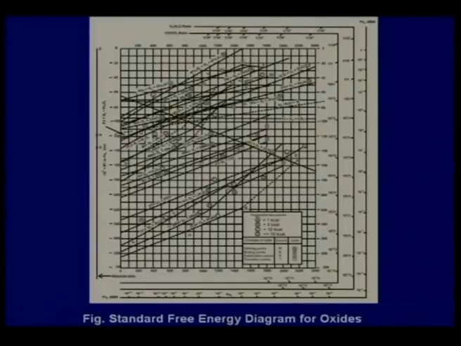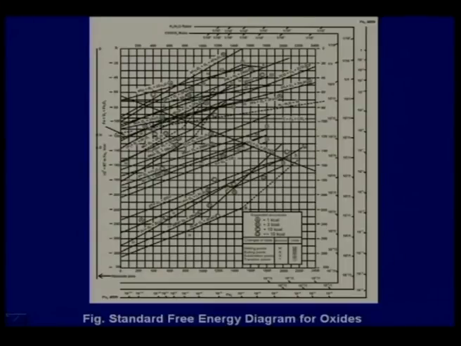There is one very interesting line which goes downwards, and this reaction is 2C plus O2 giving you 2CO. This is the only line here which is sloping downwards. Why is it sloping downwards?